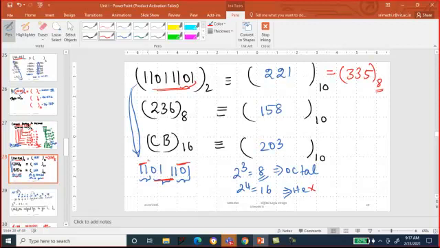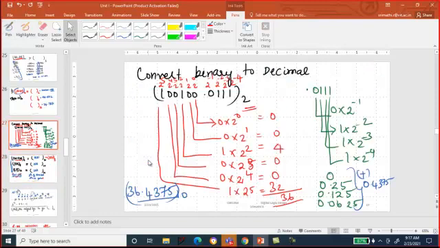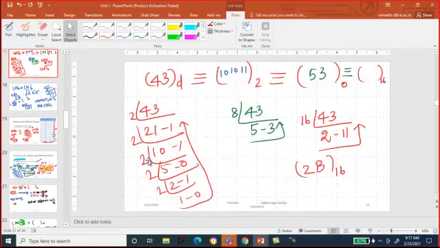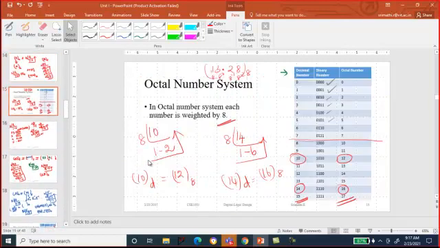From the octal table you can just go through. Just now I have shown you the octal table. For 0 to 7, the first 8 numbers will be the same as the binary number. Binary and octal will be the same up to 7.